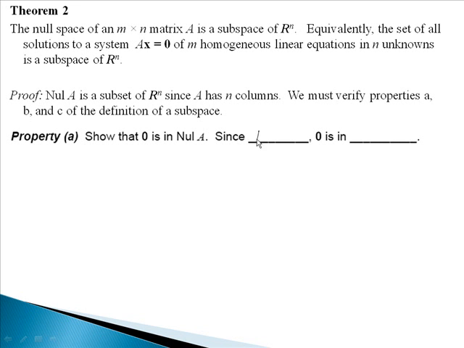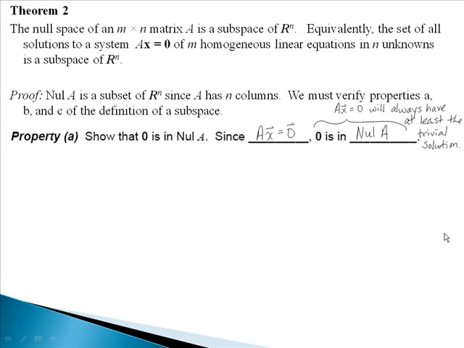Since A times a vector x is equal to 0 for the null space, the 0 vector satisfies that equation, so 0 is in the null space of A. We know from homogeneous equations that Ax = 0 will always have at least the trivial solution. What we looked at before was testing to see if we had a non-trivial solution. So we know that we will have the 0 vector of R^n in our null space.